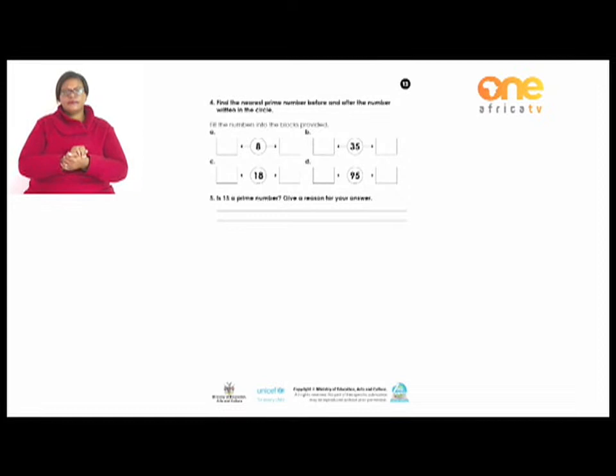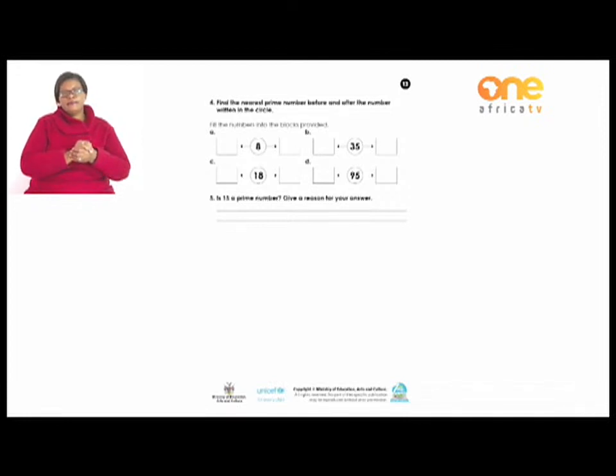So, on your left-hand side should be the smaller number, and on your right-hand side should be the bigger number. In other words, the prime number. Now, the prime number which is next to 8, in other words, the nearest prime number next to 8.